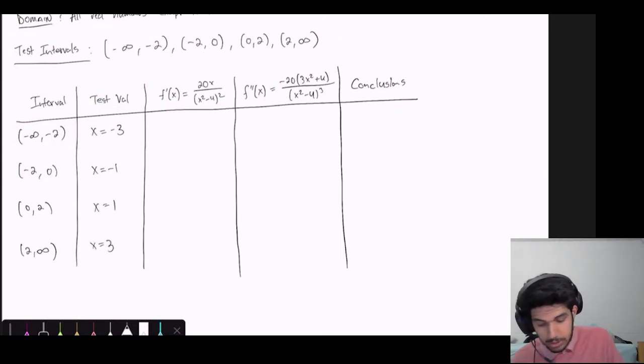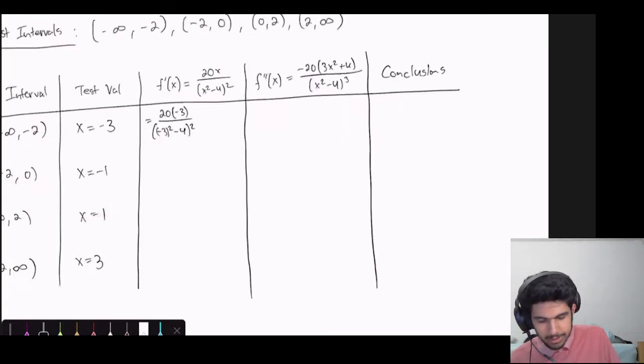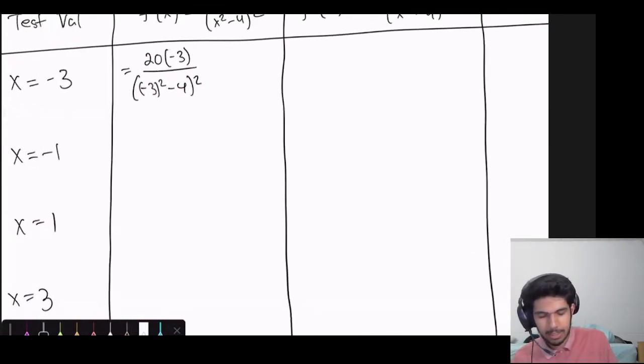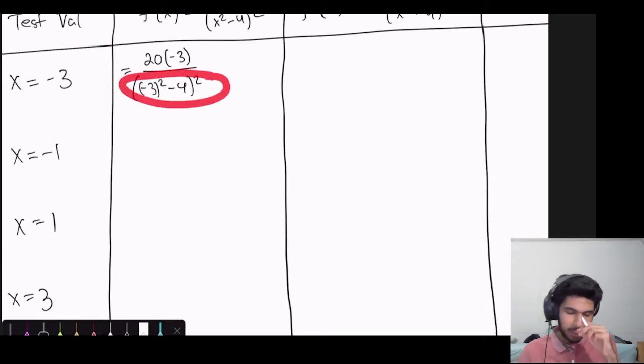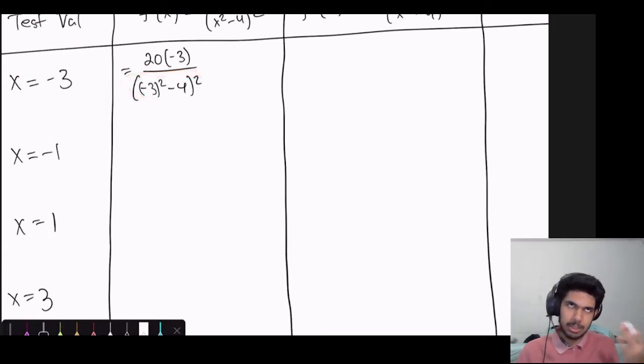Now we'll compute f prime of x for each of these. So this is equal to 20 times negative 3, all of this over negative 3 squared minus 4, squared. Let's briefly analyze this. In the denominator, negative 3 squared is 9, minus 4 is 5, squared is 25. But the important thing to see is that we're squaring something in the denominator.